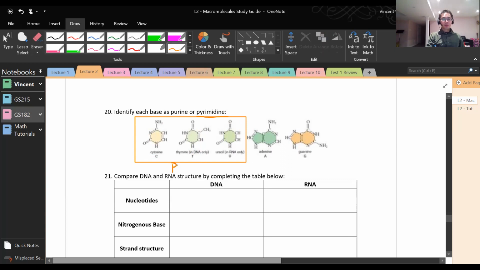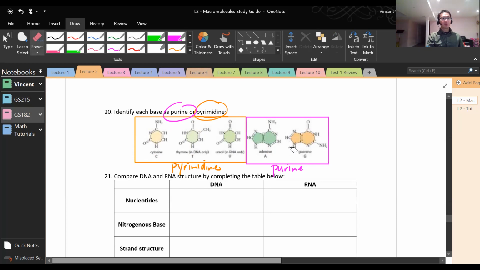These have a single ring in their structure, one ring. Whereas the purines will have two rings in their structure.